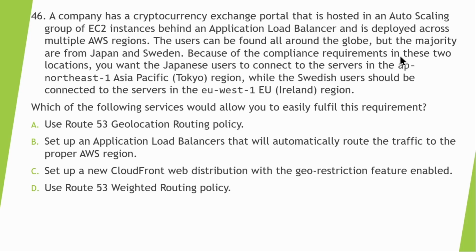Because of the compliance requirements in these two locations, you want the Japanese users to connect to the servers in the ap-northeast-1 Asia Pacific, that is the Tokyo region, while the Swedish users should be connected to the servers in the eu-west-1 EU Ireland region. Which of the following services would allow you to easily fulfill this requirement?